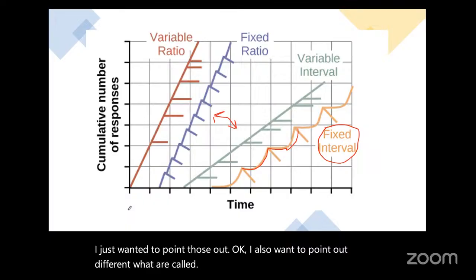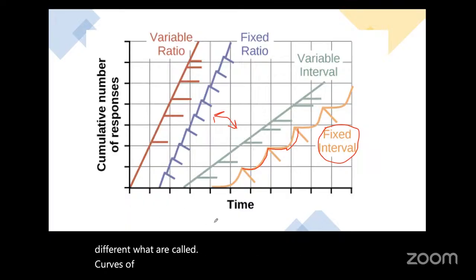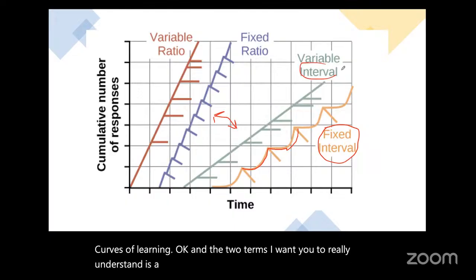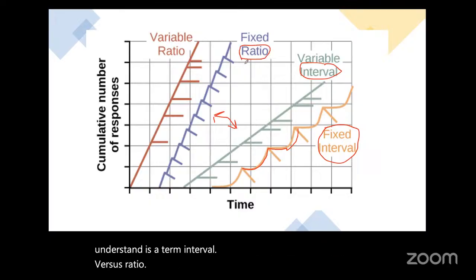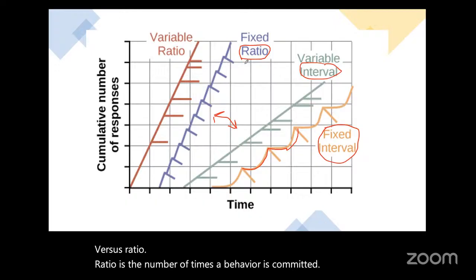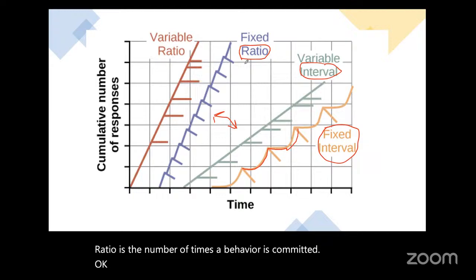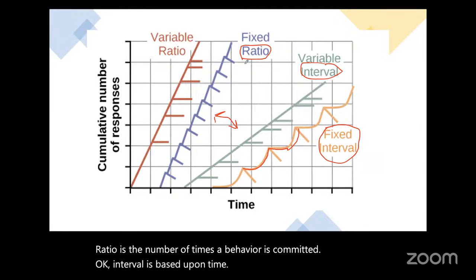curves of learning. Okay. And the two terms I want you to really understand is the term interval versus ratio. Ratio is the number of times a behavior is committed. Okay. Interval is based upon time. All right.